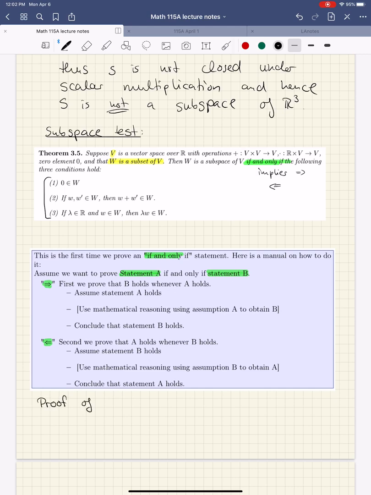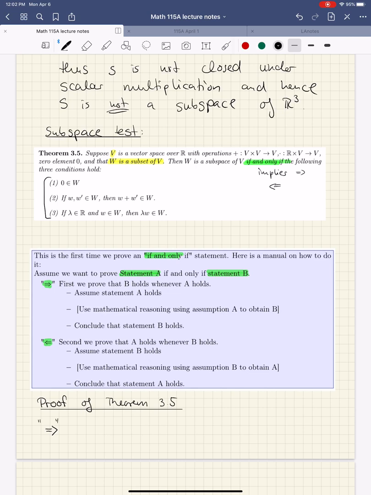So proof of theorem 3.5. So as I said, this is the way I denote it. I tell you this arrow, and this arrow now, what does it mean?